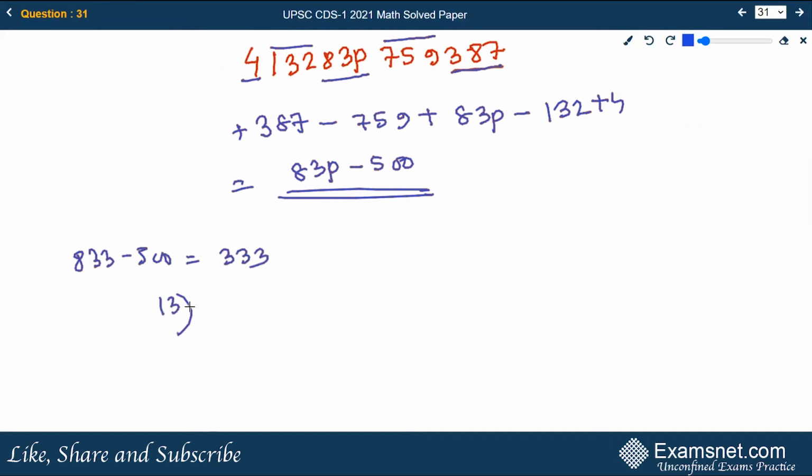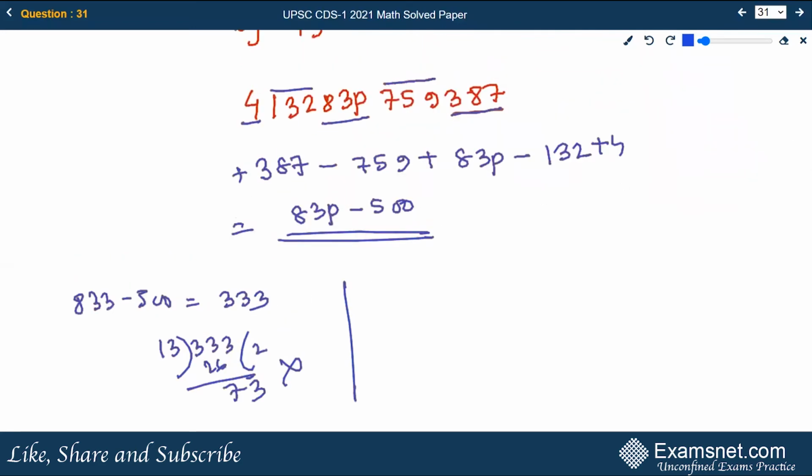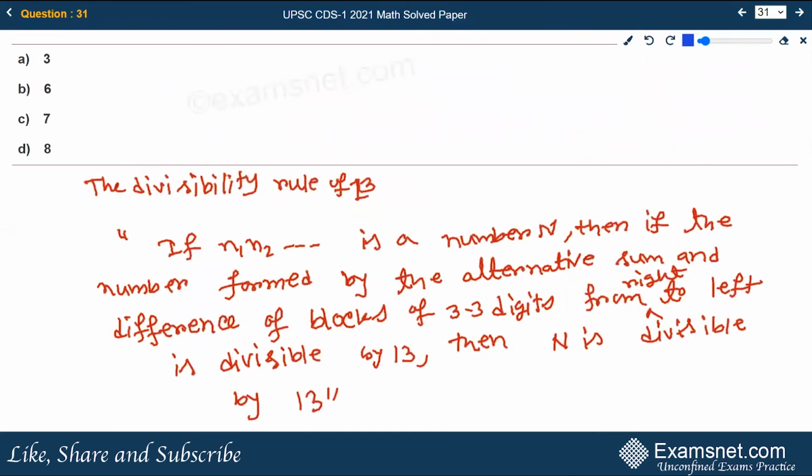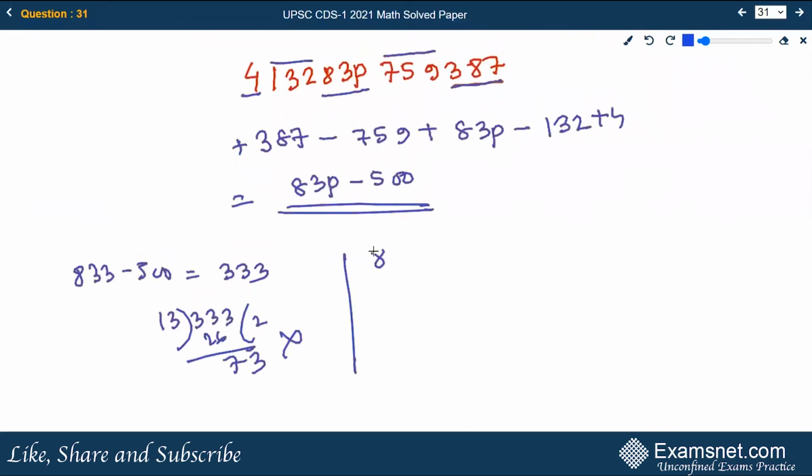Is it divisible by 13? Let's check. 26, 7. No, it is not divisible by 13. Next, with the help of the options I'm checking. 836 minus 500, is it divisible by 13 or not? 336, 26, 7, again 76.